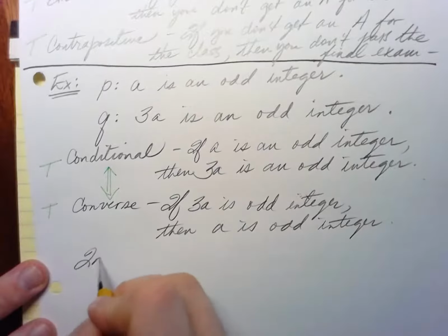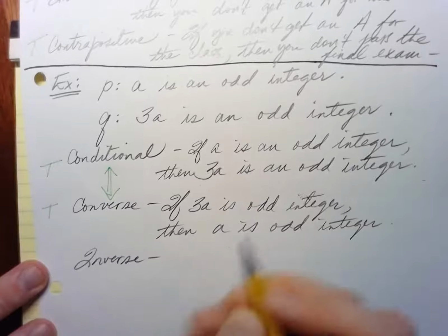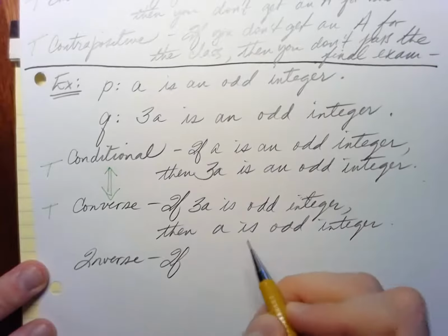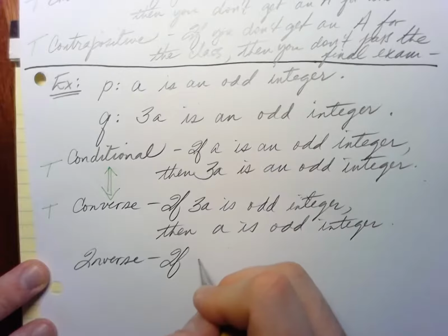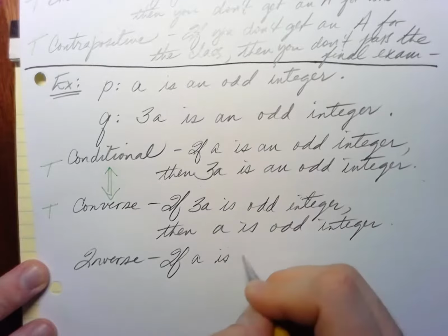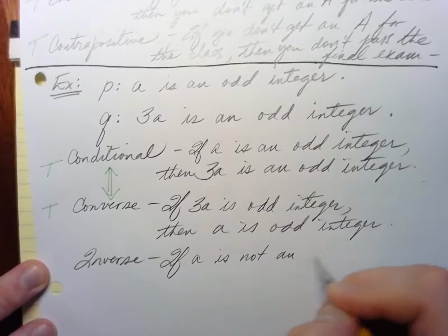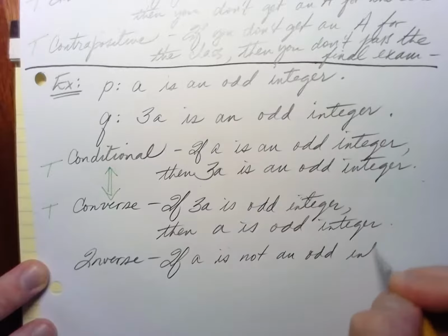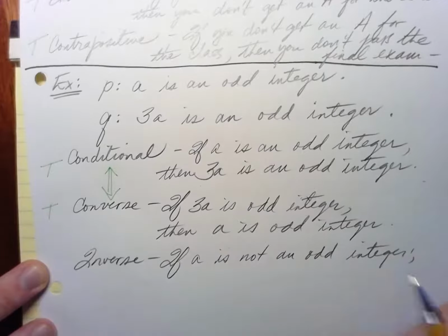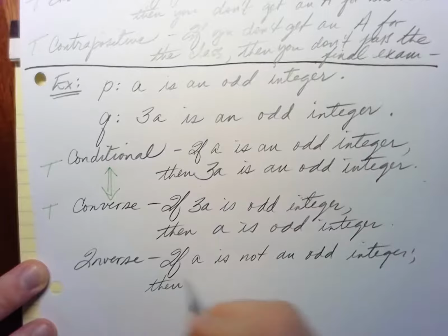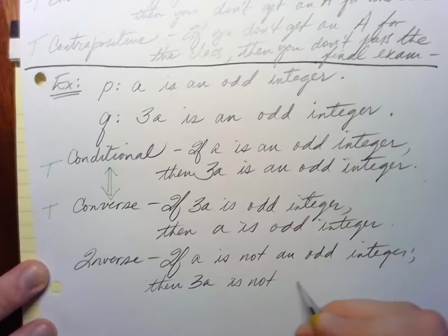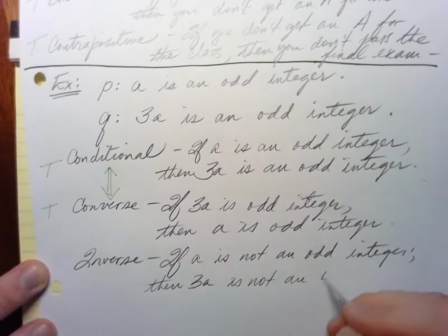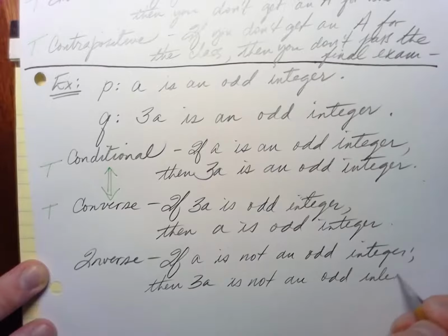Okay, what about an inverse? If A is not an odd integer, then 3A is not an odd integer.